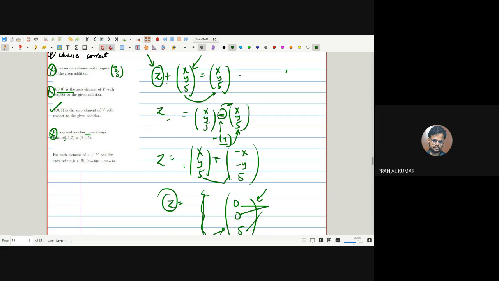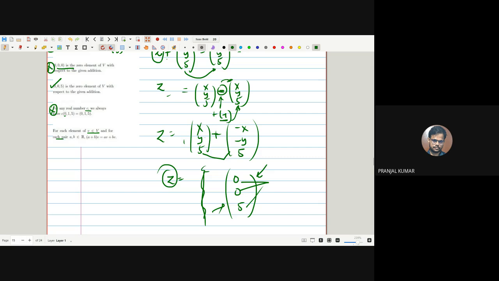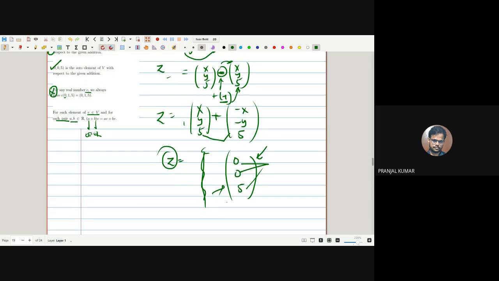For each element v belonging to V, and for each pair a and b, which are real numbers, you have to check whether (a plus b) times v is actually equal to av plus bv.